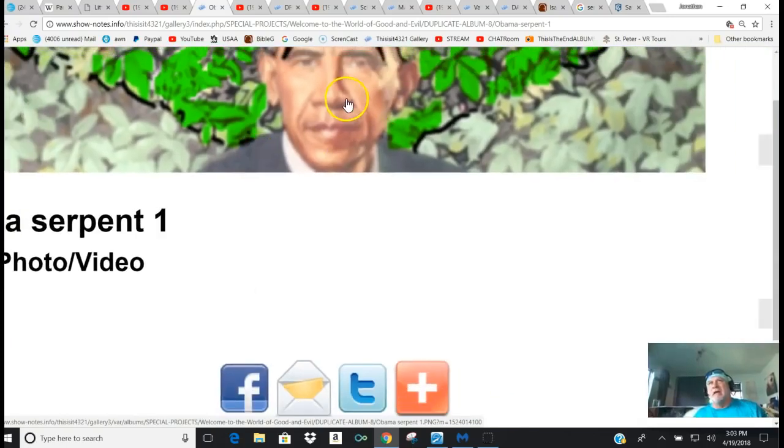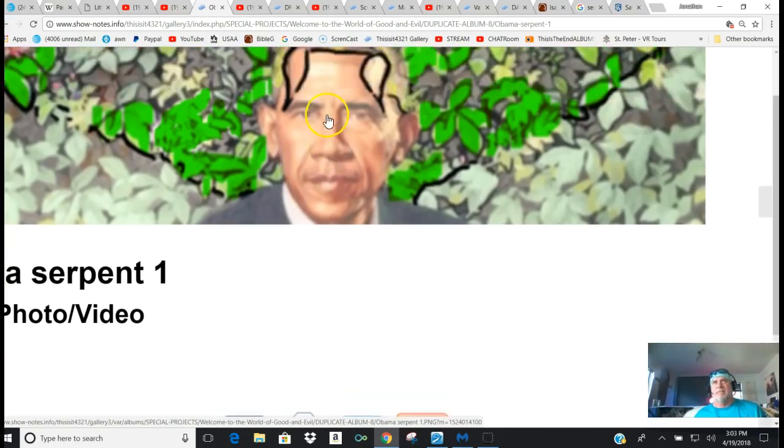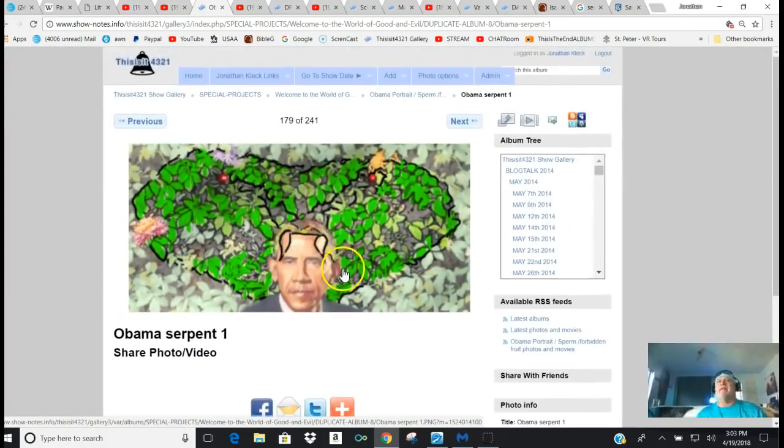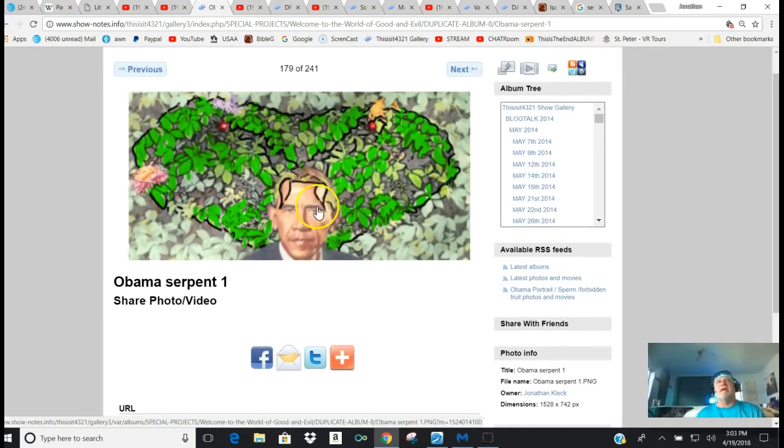And you can really tell on this one right here. This one right here gives it away because of the 3D-ness of it. There it is. There's the tongue. And it goes up right here, and it goes up right here, and it meets right here. So there's a serpent with fangs, and the fang of that serpent happens to be a sperm.